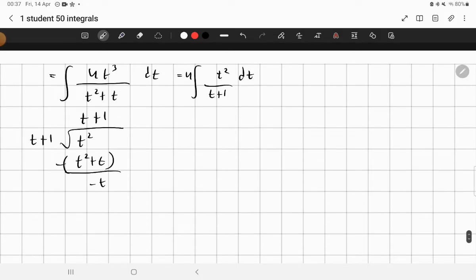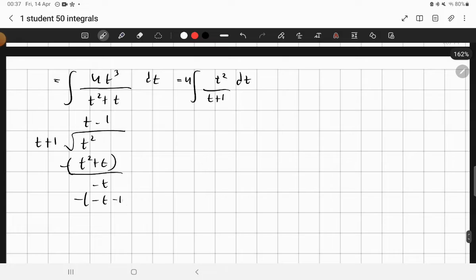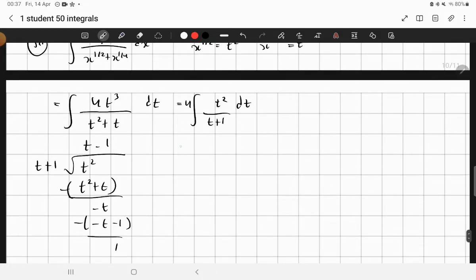No, I'm joking, it's negative 1, and then negative t, negative 1, 1. So basically we will have 4 times the integral of t minus 1 plus 1 over t plus 1 dt. So integrate as usual, 2t squared minus 4t plus 4 ln of t plus 1.